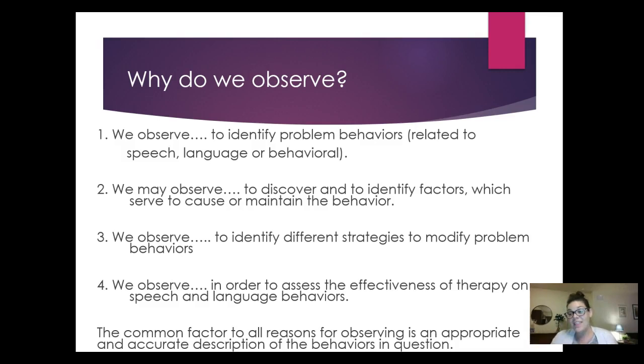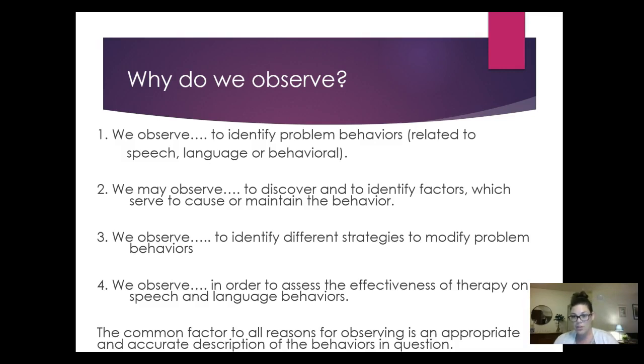I'm identifying that the signs are going to be a positive strategy for him in order to help with the problem behavior of the language loss and the secondary behaviors because of the language loss. And then number 4, we're observing in order to assess the effectiveness of therapy on speech and language behaviors.